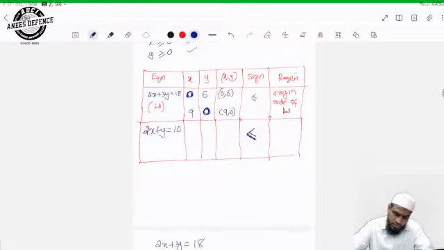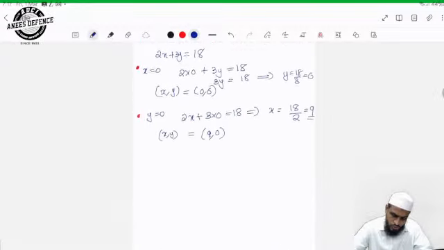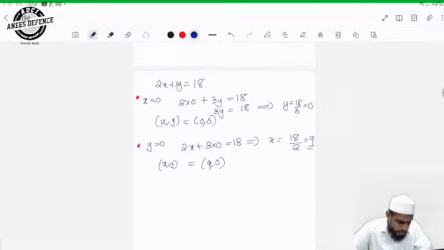The same thing we will do here also. Our equation is 2x plus y equal to 10. We will do the first case and second case. What is the first case? We put x equal to 0.